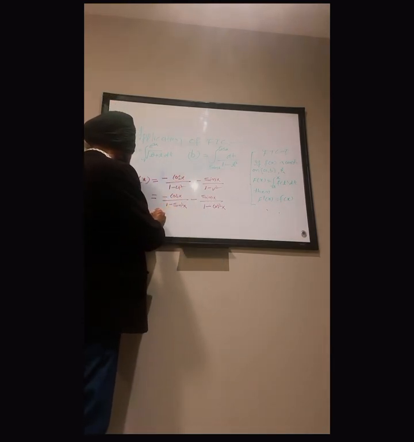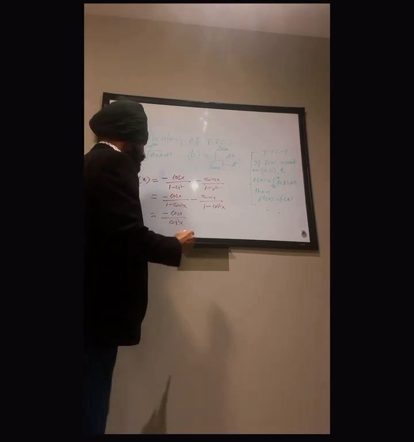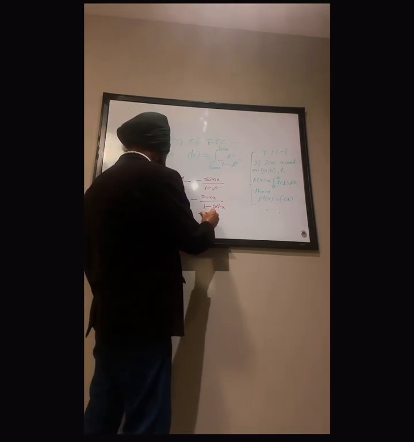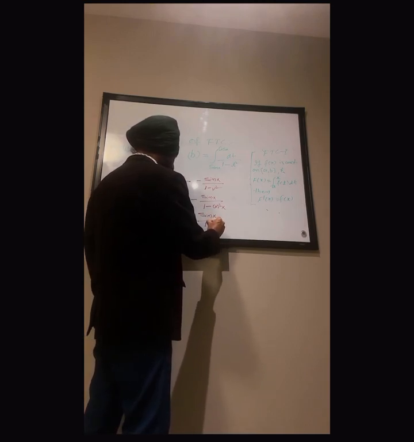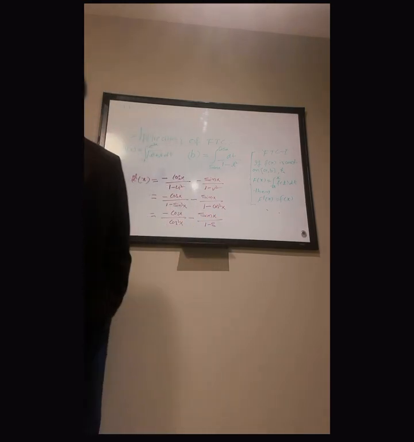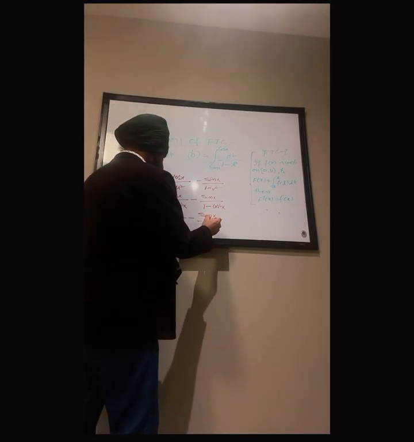Next, by trigonometry, 1 minus sin squared x is cos squared x, and 1 minus cos squared x is sin squared x.